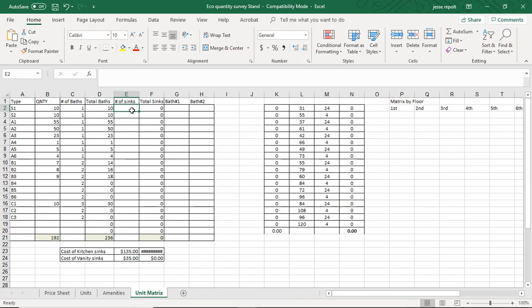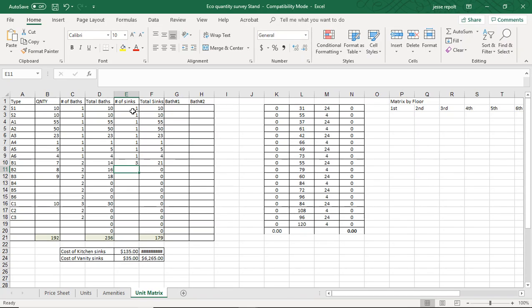And then you would do the same thing for your number of sinks. So say these all have just one sink in the vanity top, and then say the B1 units, say they have one vanity that has one sink, but then in the master bath they have a vanity with 2 sinks. So that would be a total of 3 sinks per unit.